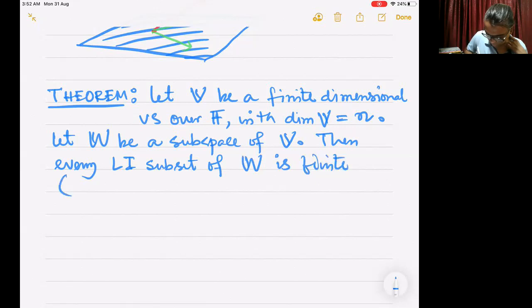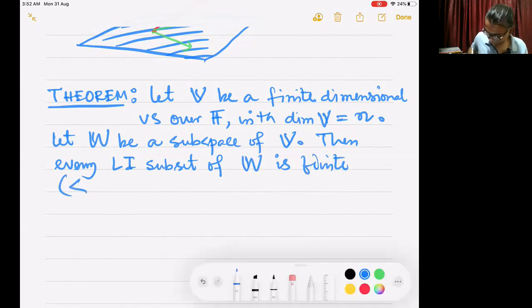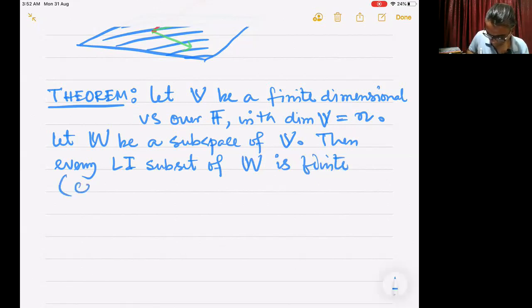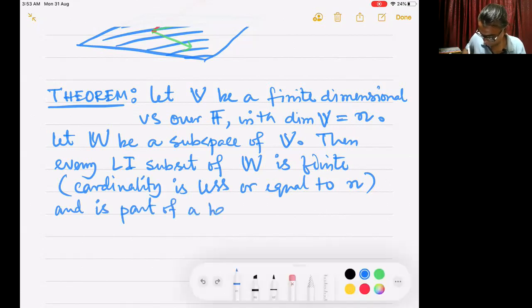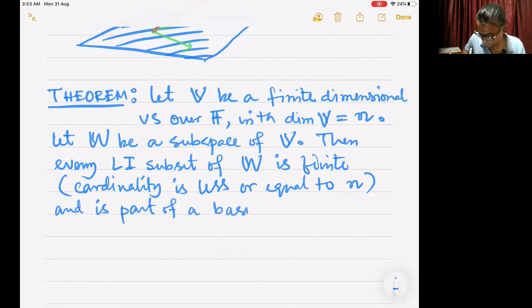In fact, its cardinality is less than or equal to n and is part of a basis for W.